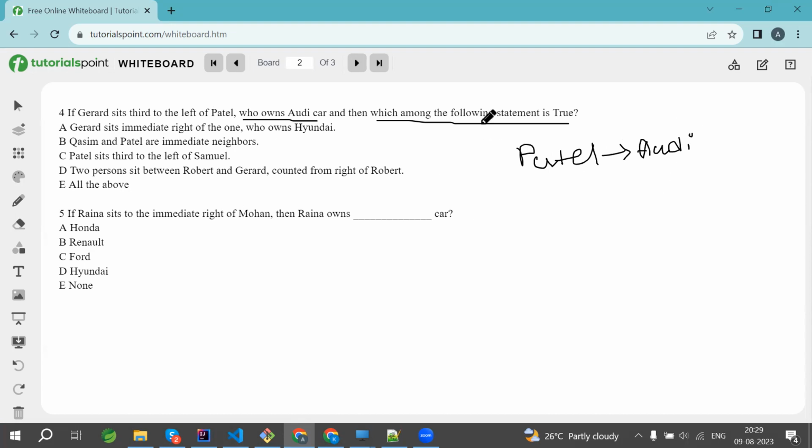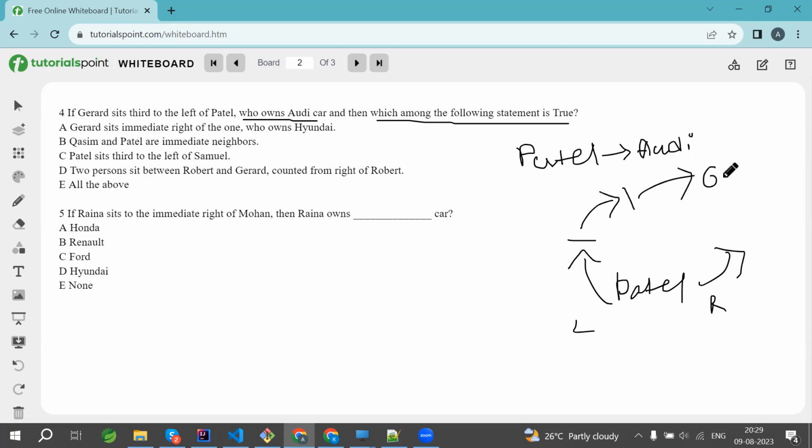Okay. Girard sits third to the left of Patel. So suppose Patel is there, this is right, this is left, third to the left: one, two, three. So here will be Girard.